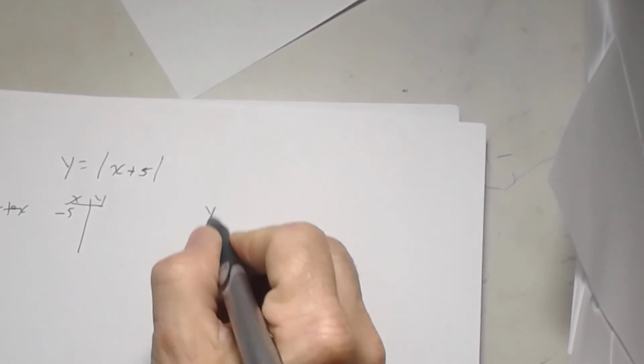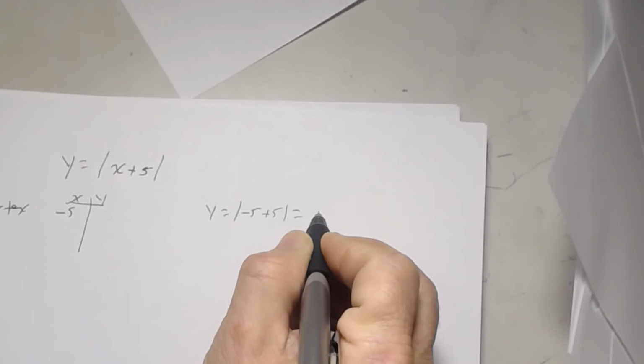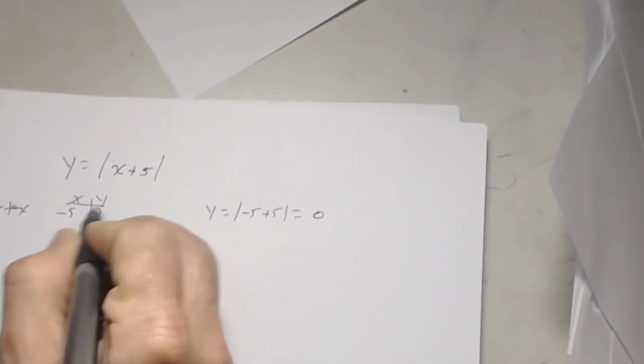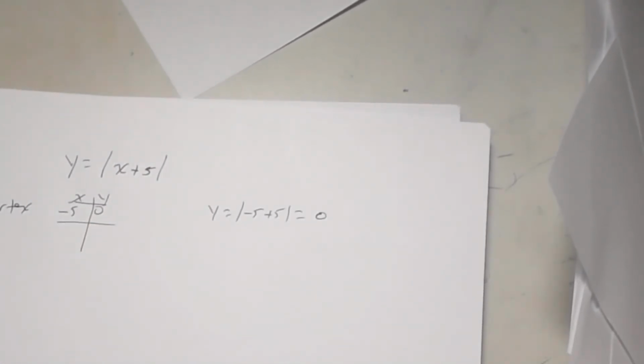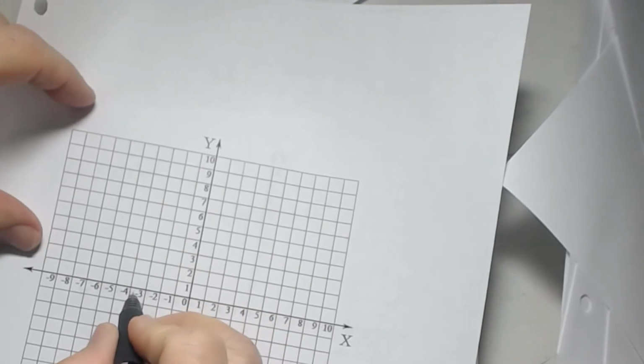All right, so y equals absolute value of negative 5 plus 5, which is just what? 0. So I plot the point negative 5, 0, and then from there you go 3 points to the right and then 3 points to the left, in increments of 1. And that's all it is. So negative 5, 0 is here.